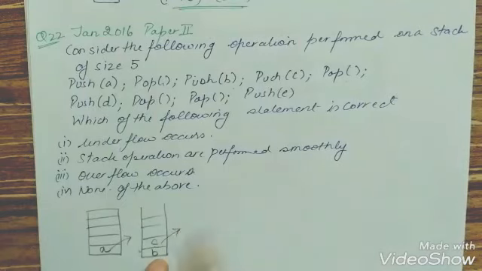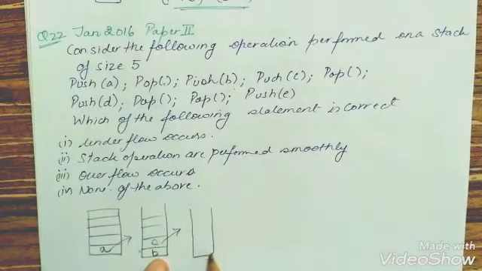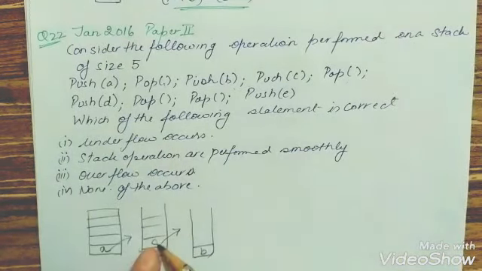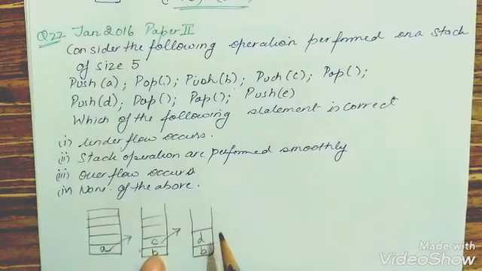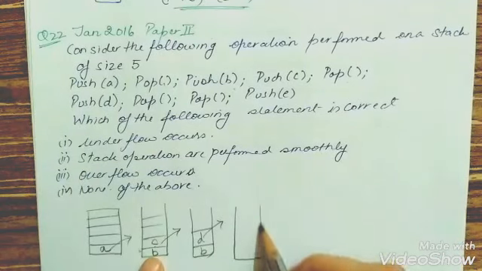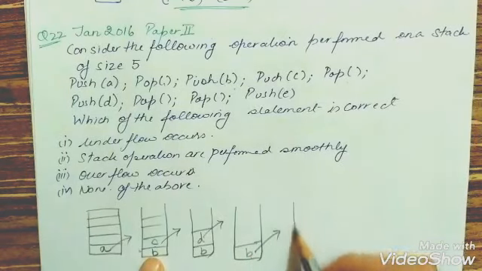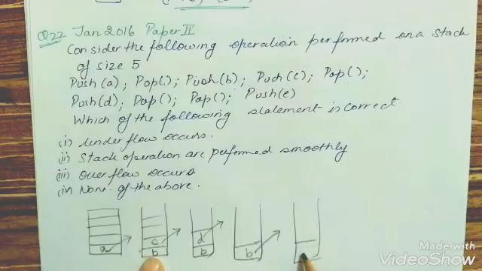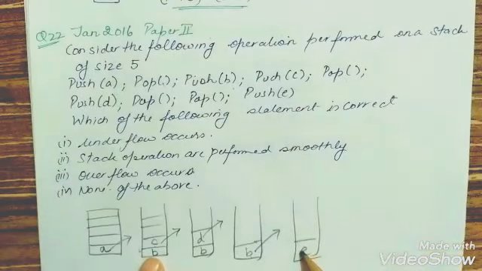I have popped C, then again push D. So what was left in the stack? It was just B, after popping out C. So I have pushed D, then pop. So I pop out D, then again it says pop. So I was having B in our stack, so again I pop, and then at the end we have push E. So I write E here.